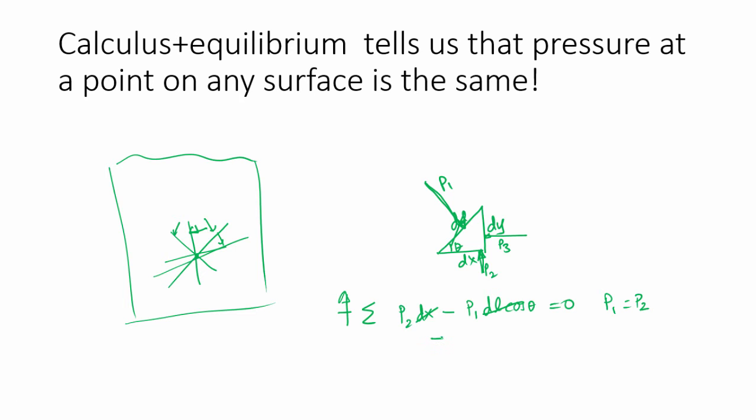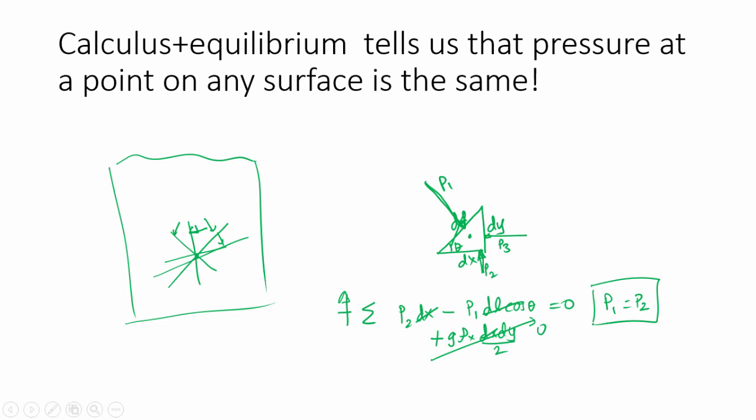Actually I have to add the force of gravity on this whole thing, g times rho times dx dy over 2, that's the volume of this. If I take the limit and let dy go to 0, this whole thing will go away and I'll get P1 equal to P2.